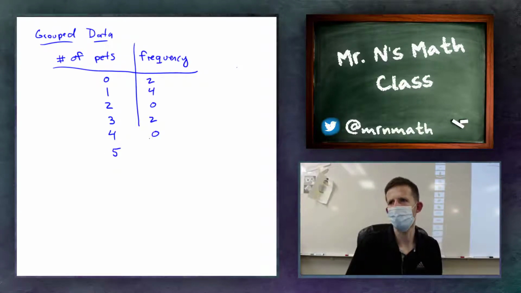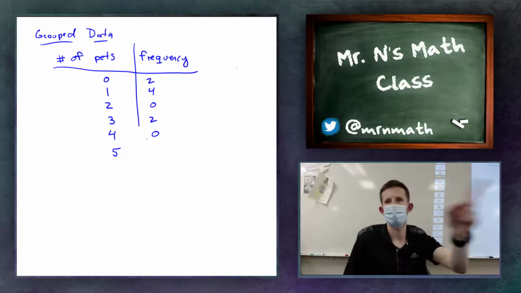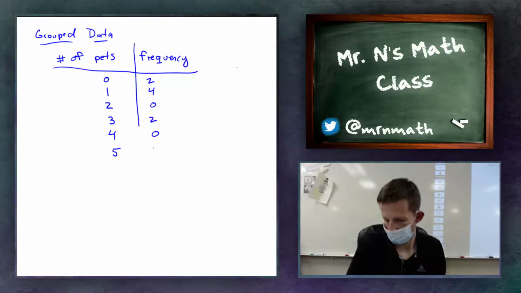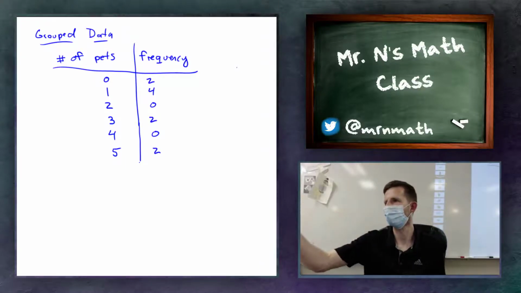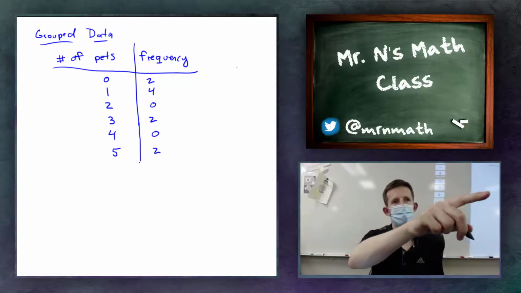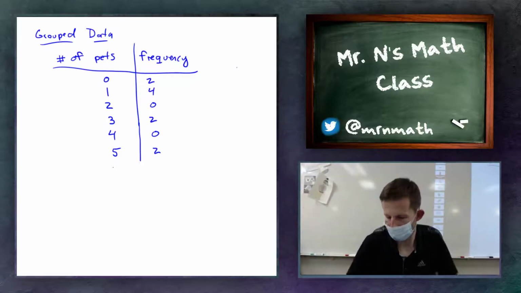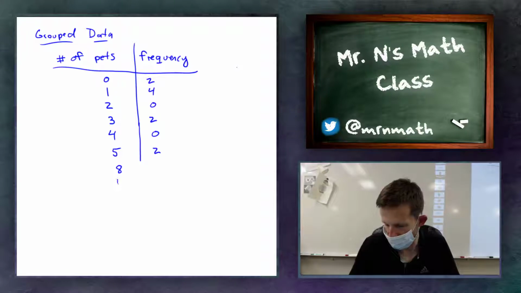How many of you have 5 pets? 1, 2. All right, and then who's left? How many do you have? 8, 12, 15. I'll just say 8, 12, and 15.